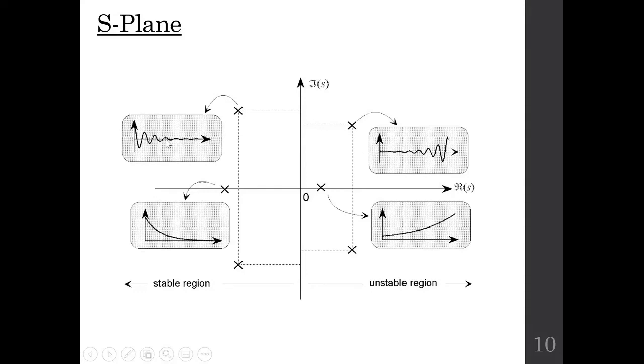Now, this was a stable system because it was approaching zero, it was moving towards convergence. But if you are dealing with an unstable system, the oscillations start increasing. And the same thing happens with this positive real axis part where you will get an increasing exponential graph approaching infinity.